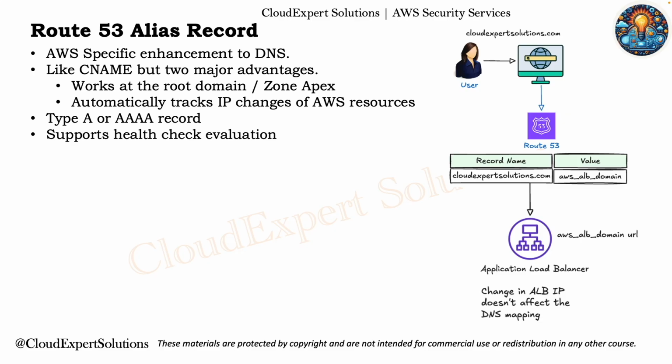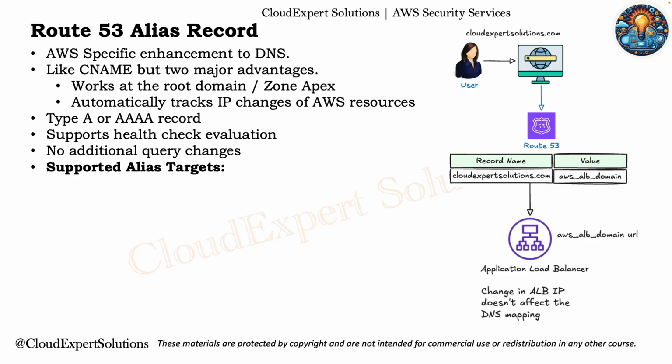And here is something the exam loves to test. Alias queries to AWS resources are free, whereas CNAME queries are not. Now let's talk about where you can actually point an alias record. And here is the full list you should remember for the certification.